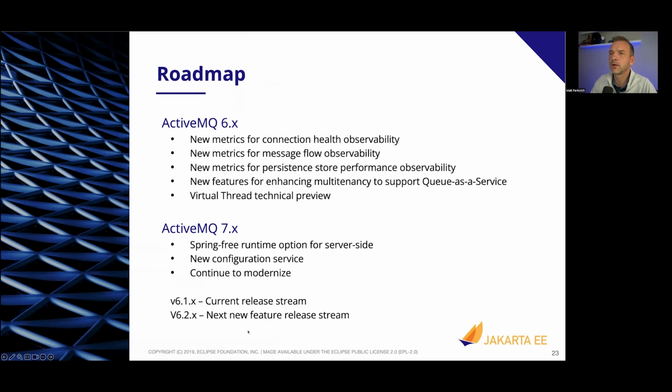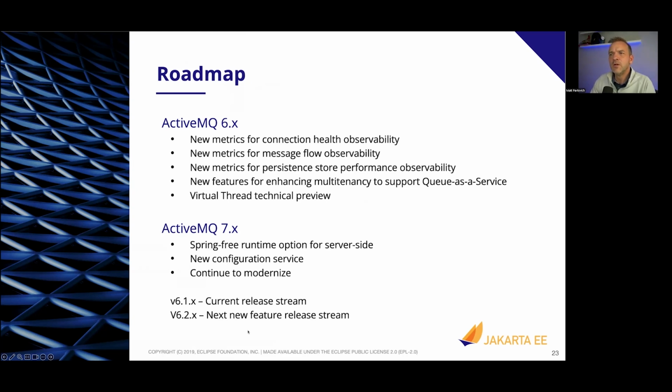I've got the PR out there. It's pretty close to getting merged for a virtual thread technical preview. I know there's already been a couple of talks on virtual threads, and ActiveMQ is a great candidate for that, being able to take advantage of virtual threads and the performance benefits that come with that, and then provide even further scalability and performance for ActiveMQ.